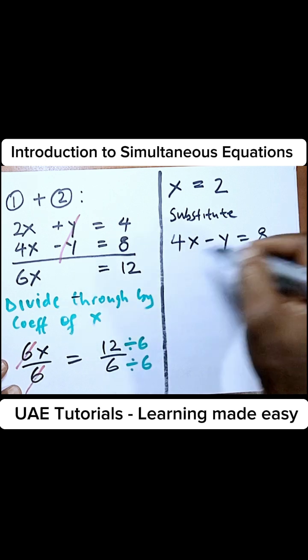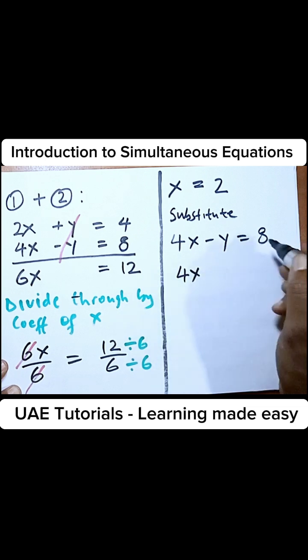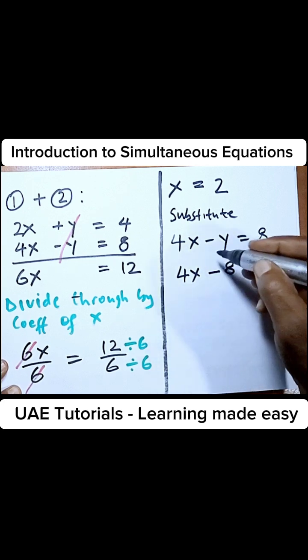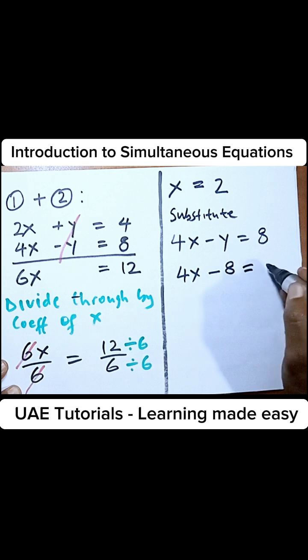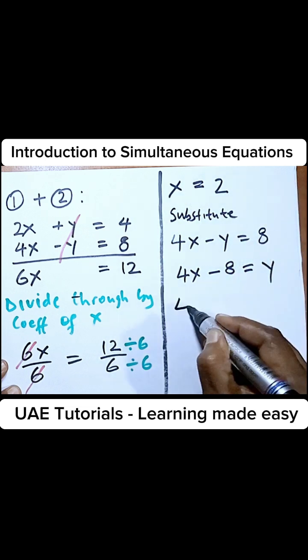Now in this equation, I will just manipulate this equation. 4x, when 8 crosses over to the other side, it becomes a negative 8. And when y crosses over to the other side, it becomes positive. And we are asked to substitute x equals 2.